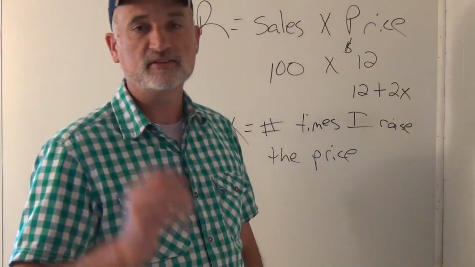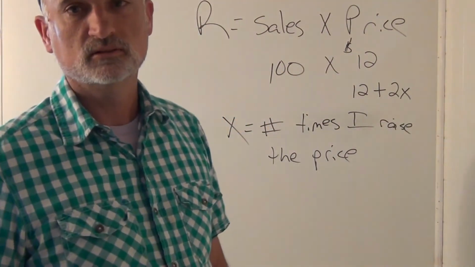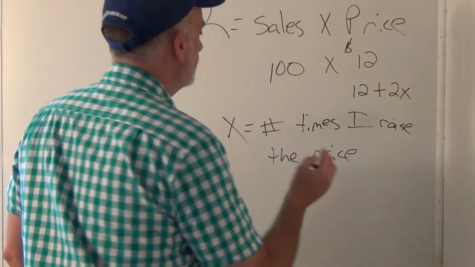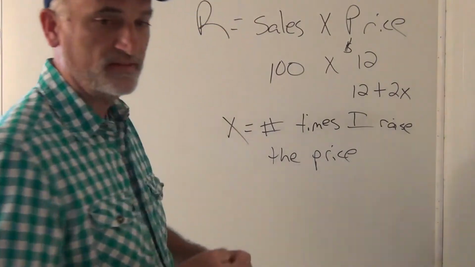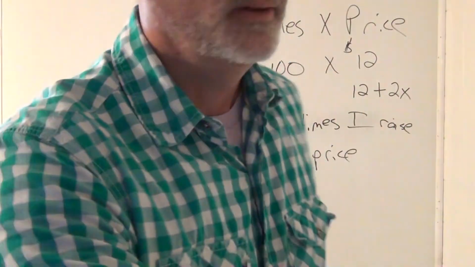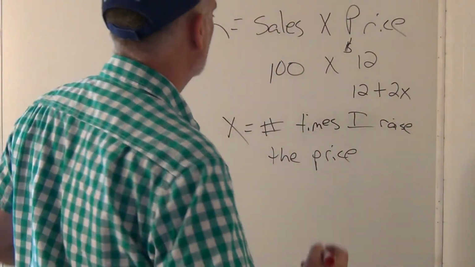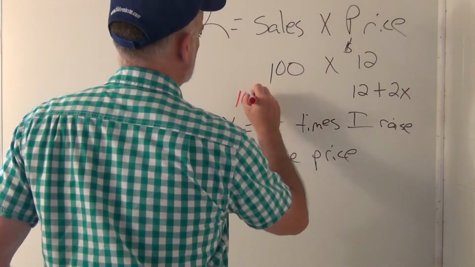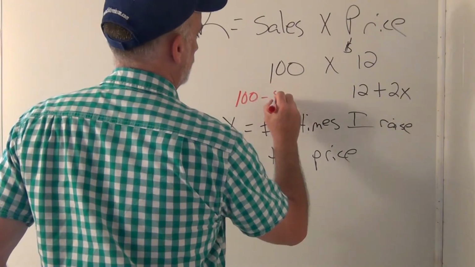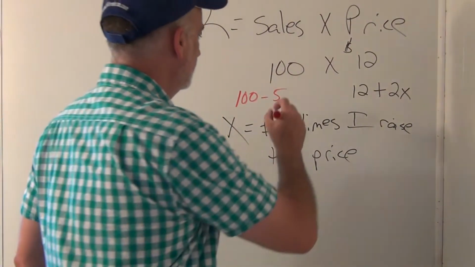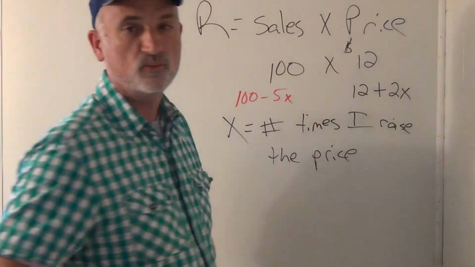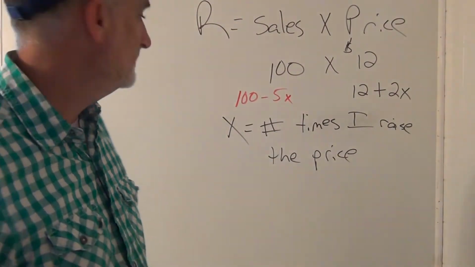We said for every time we go up $2, we're losing 5 customers, okay? So what it will be on this side. And let me write this in another color here so we'll know. Okay? So we got 100 customers and we're losing 5 depending on how many times we raise the price.